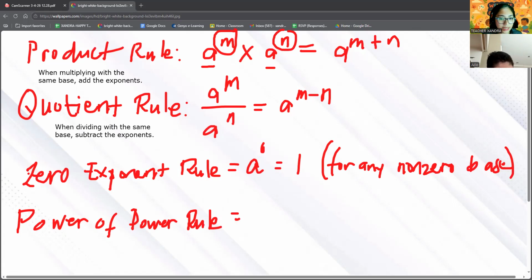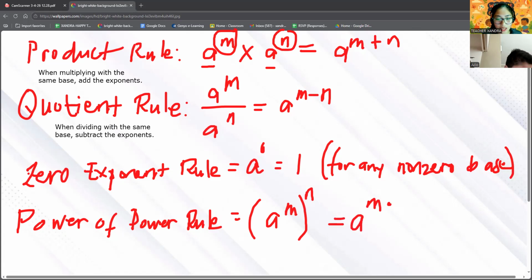So it's like A raised to M, then we have also N. It's also raised, so it's A raised to M times N. So these rules make it possible to simplify large expressions quickly without writing out repeated multiplication.